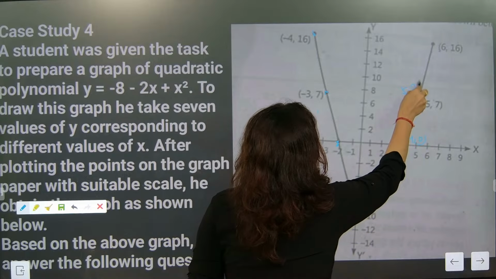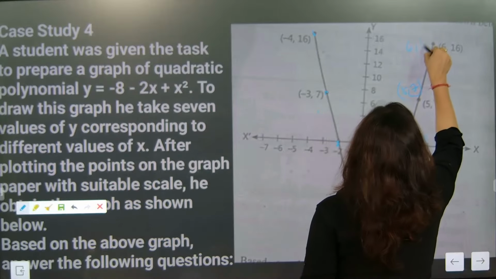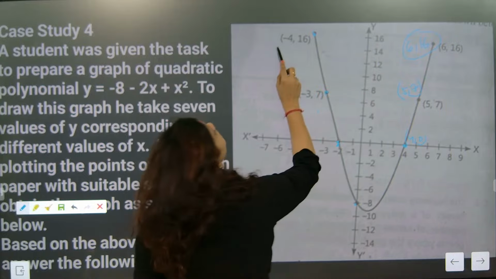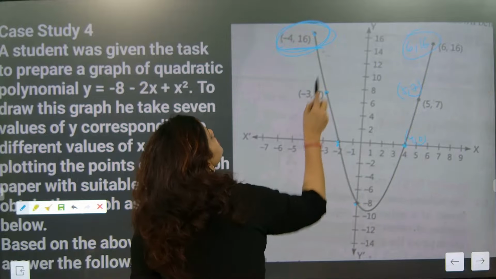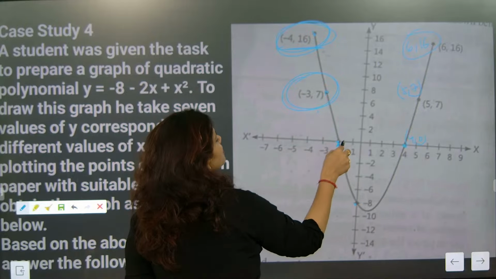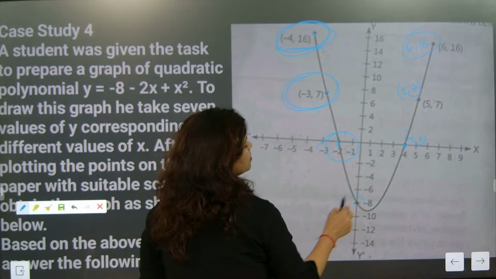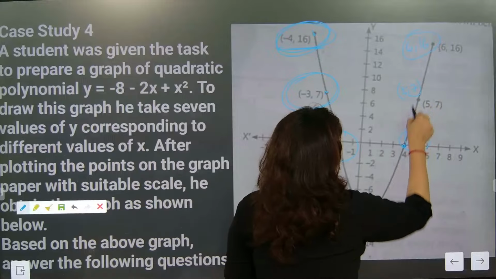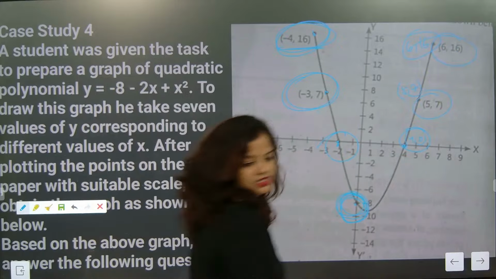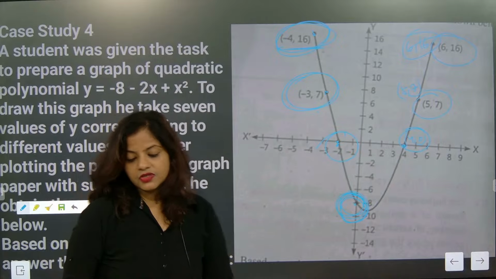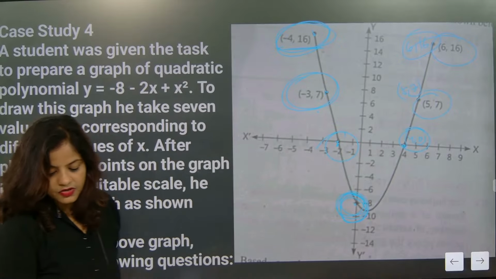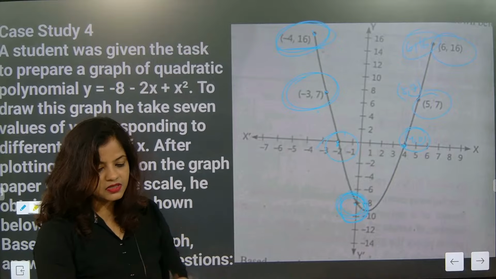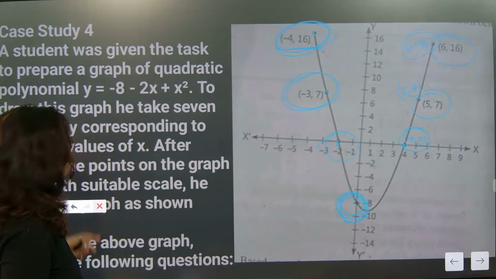This is 5 comma 7, and this is 6 comma 16. So these values are there: minus 4 comma 16, minus 3 comma 7, minus 2 comma 0, 0 comma minus 8, 4 comma 0, 5 comma 7, and 6 comma 16. So these are the values just given to you. Now we will start solving the questions.